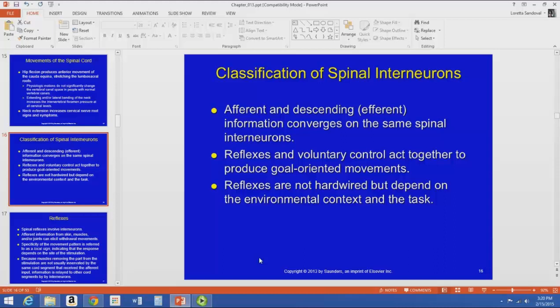Those spinal interneurons get tons and tons of input. And when we were talking way back in chapter 2 about temporal and spatial summation, it's not like each neuron is getting 5 inputs and you add them all up. It's getting hundreds of thousands of inputs. So there's tons of information coming in, and the spinal interneurons are sorting all that information. So it's really kind of amazing.